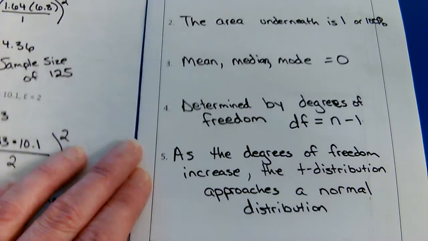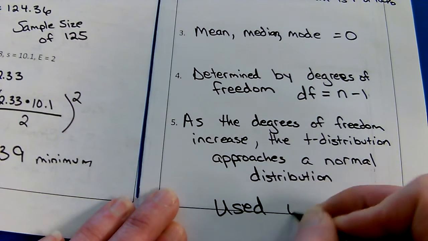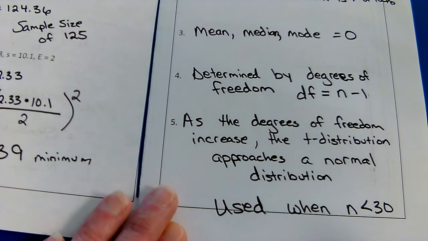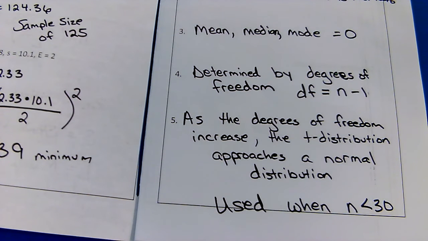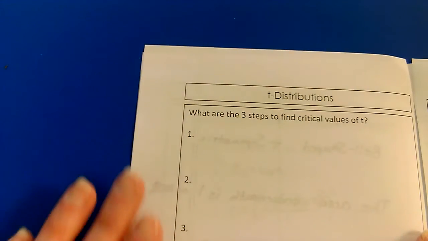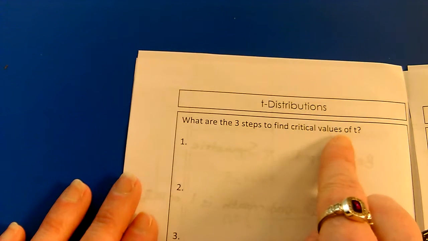But we use a t-distribution when n is less than 30. So we have less than 30 samples. We can't do what we normally would do if we have less than 30. Oh, isn't that horrible?